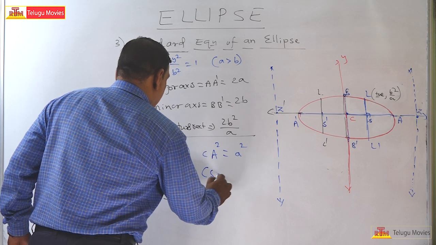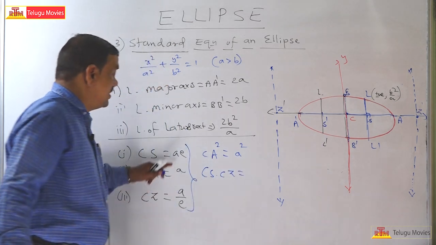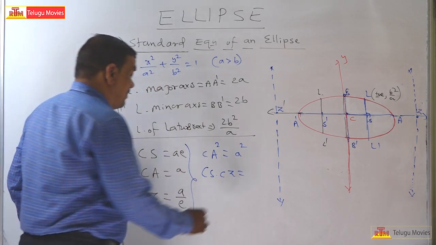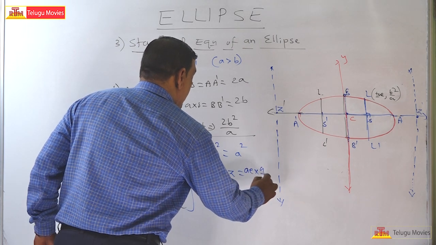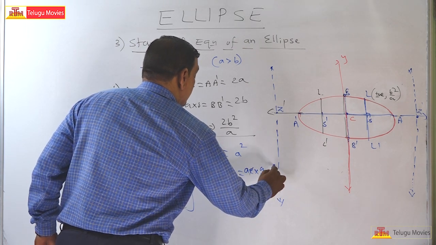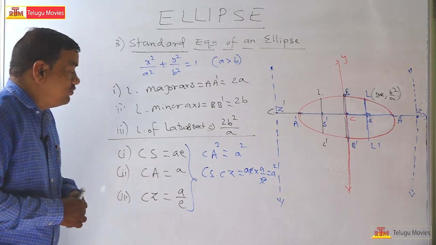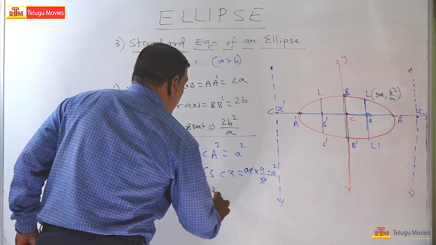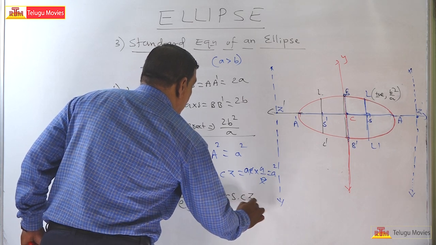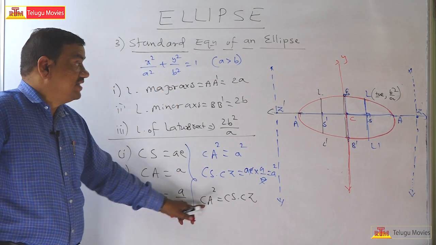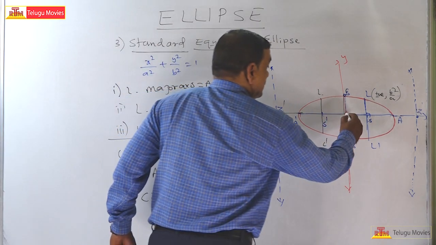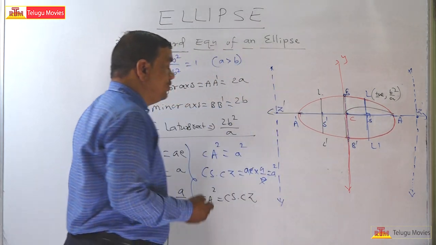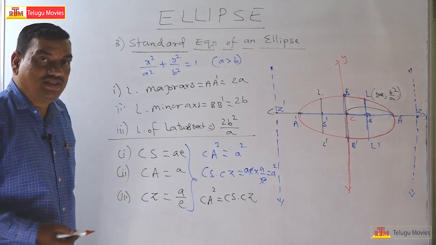What is CS into CZ? AE into A by E. E cancels, A square. From this what do you get? CA square is equal to CS into CZ.